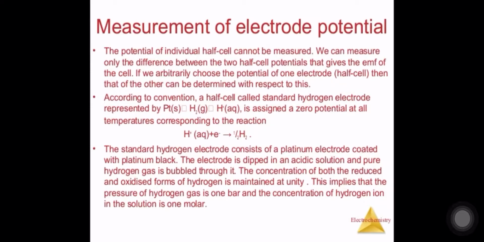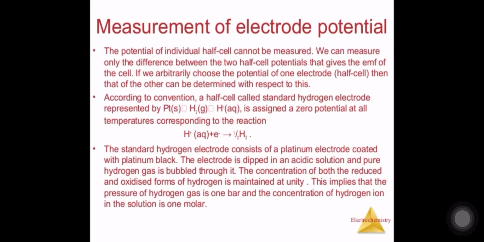Okay, so we have seen that there are half cells which together form the whole cell structure. So the potential of each half cell cannot be measured. We cannot measure only the potential of one half cell.